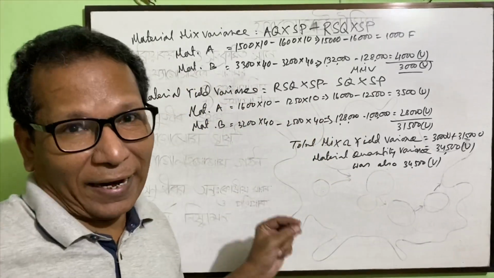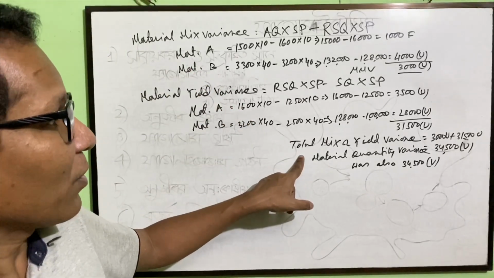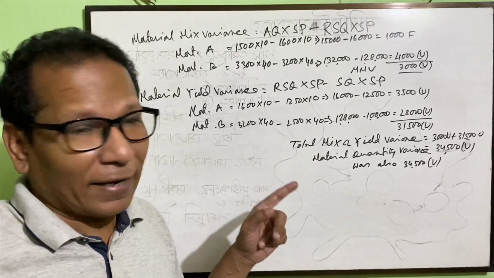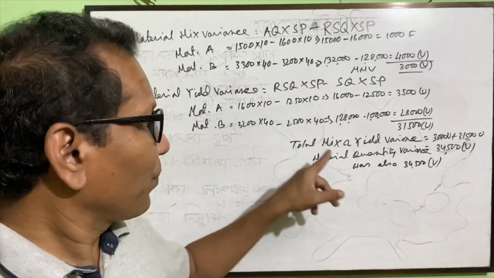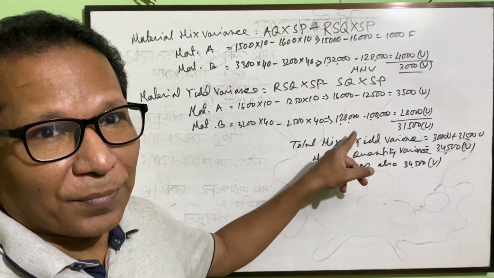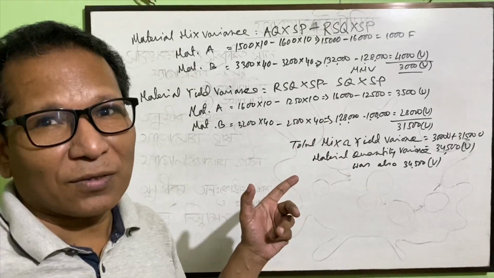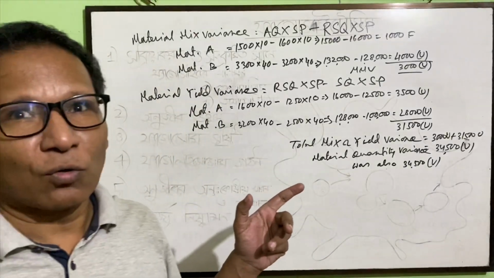You cannot add both mix and yield variance and material quantity variance. You either add material quantity variance or material mix and yield variance. If all the variances are added, the total variance will disagree. Now we go to another problem.